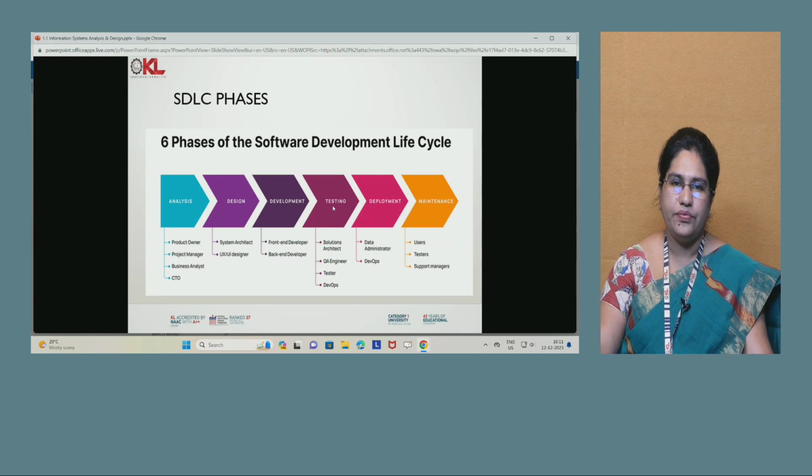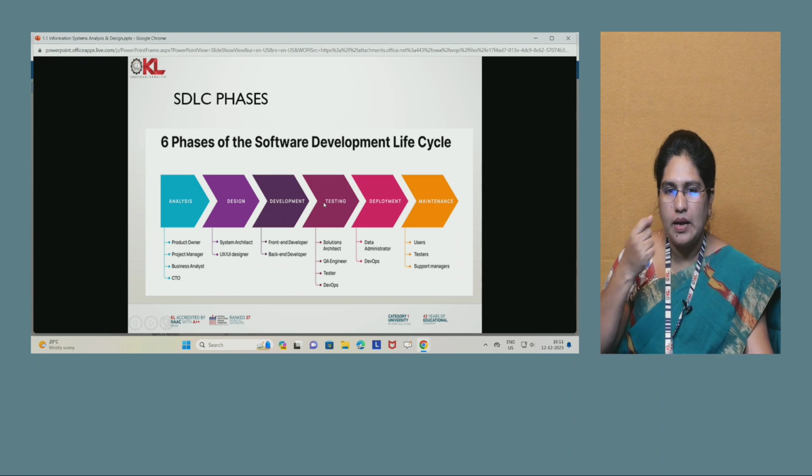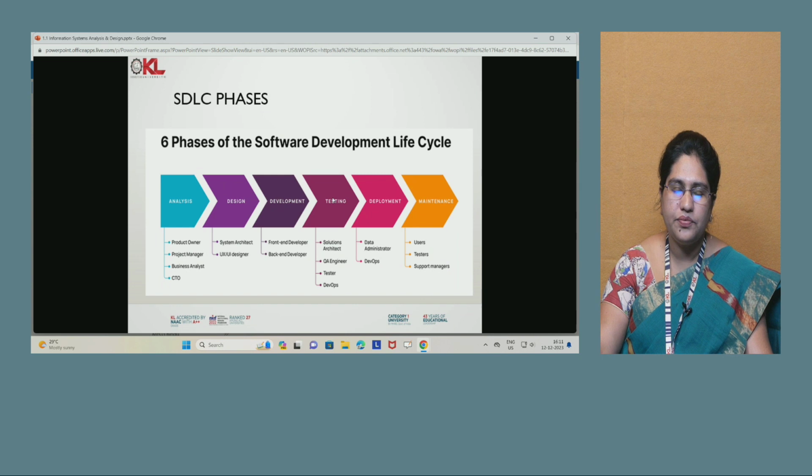Once the testing phase is completed, we go to deployment. Only if no errors are found in the testing phase does it go to the deployment phase, and after that we move to the maintenance phase. If the deployment is successful, only then do we go to the maintenance phase.